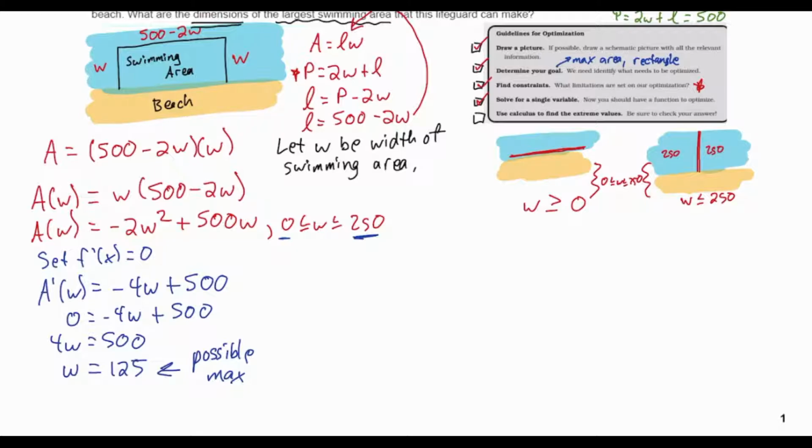In order to do that, we are going to compare values on either side of that value and make sure that our graph is switching from increasing to decreasing. So we'll do our little table and let's check our intervals. I'm going to be looking at my interval from 0 to 125, at 125, and our interval from 125 to 250.